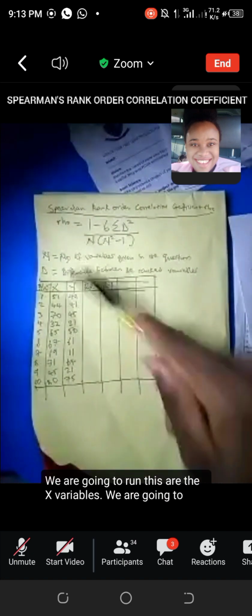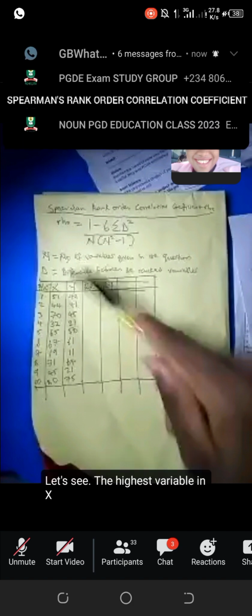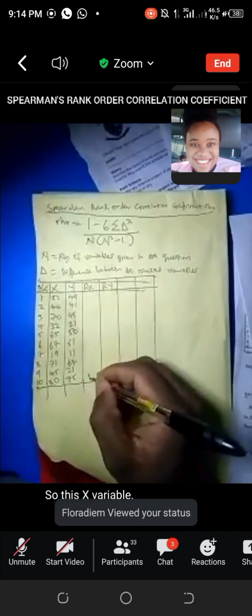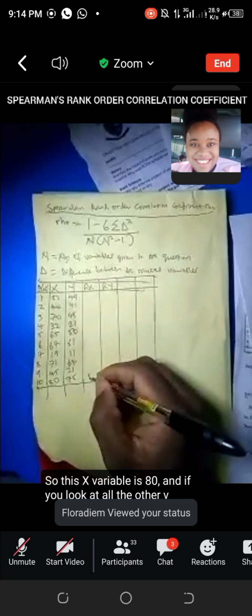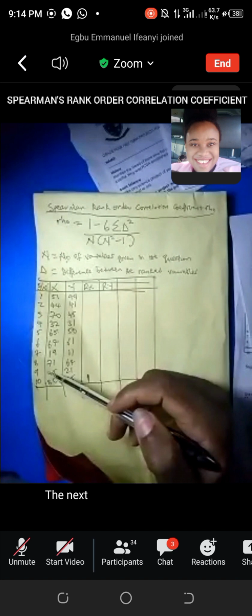To rank them, we'll carry the rank. In X, 80 is the highest. 80 is the highest, then the next highest one.